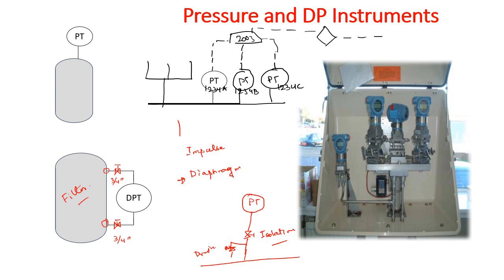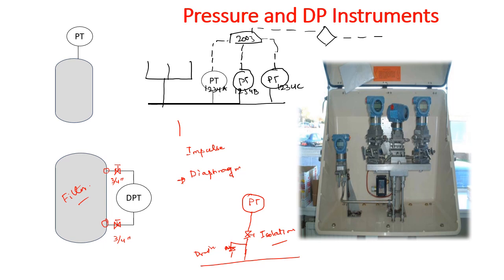Only the main root valve and the piping components are shown in the P&ID, but the instrumentation valves and instrumentation manifold are normally not shown in the P&ID. If you have some doubt or comments, you can write in the questions box or in the comment box.